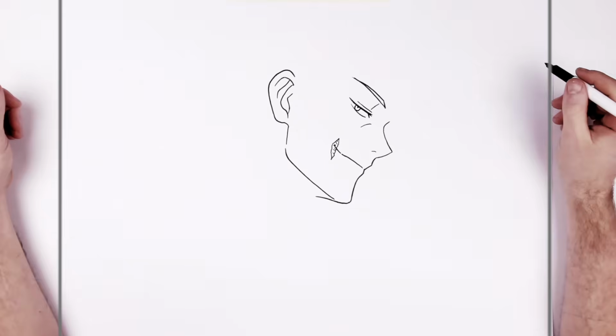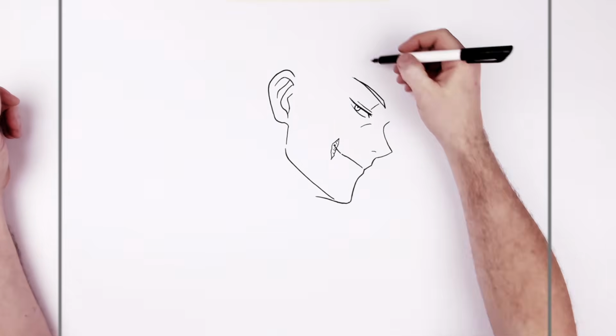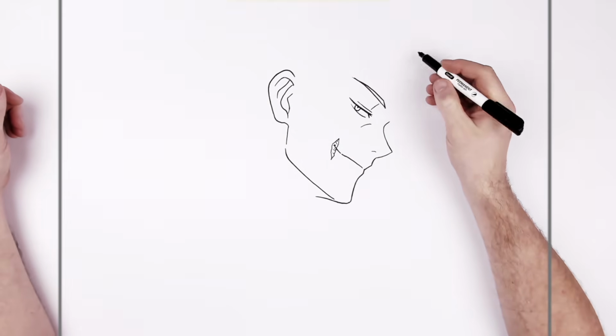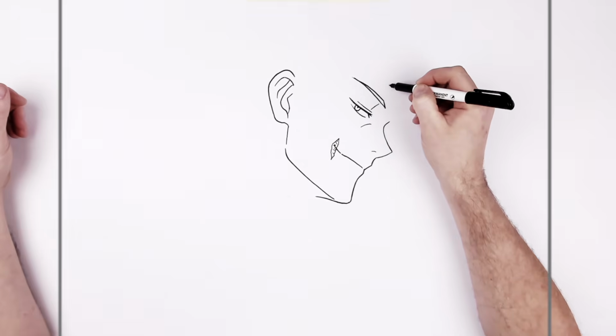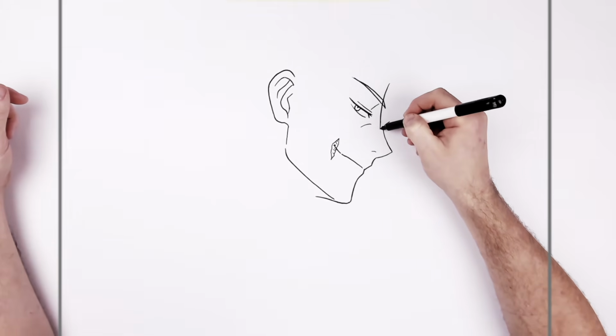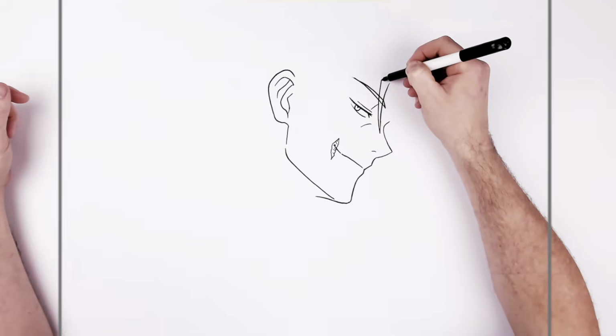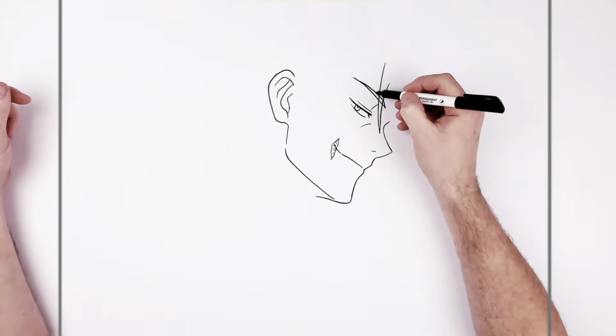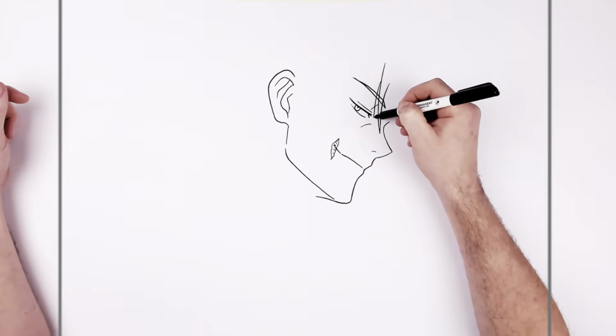So, hair now. So we got, let's see, fringe spikes coming down across his eye. Real spiky and thin. Nice. Covers a good bit.